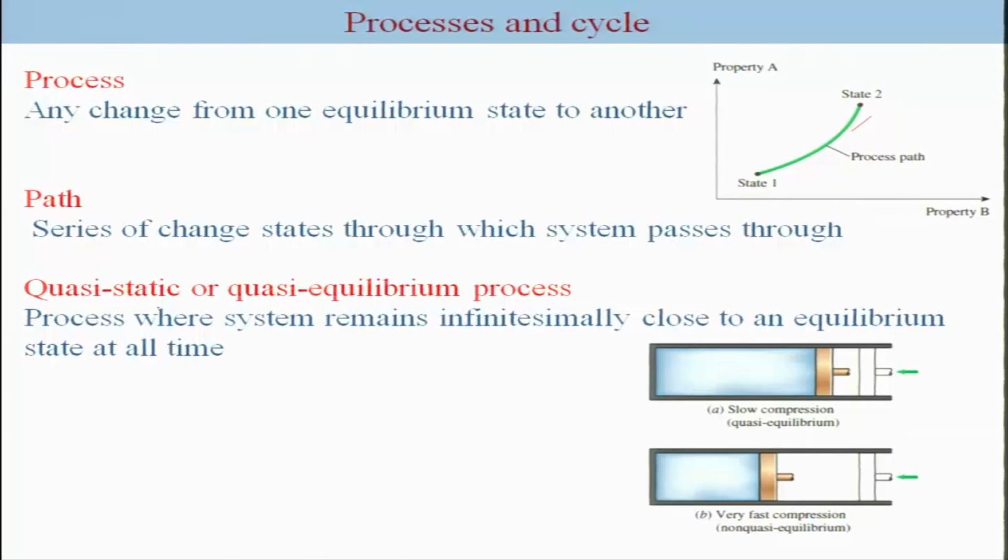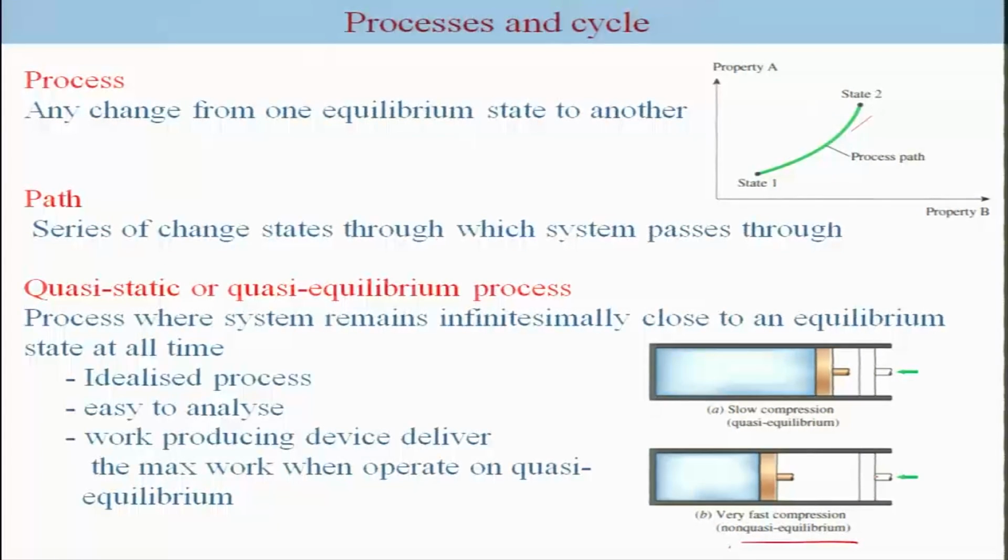As I said, quasi static and quasi equilibrium processes are processes which are very slow, such that the system remains infinitesimally close to an equilibrium state at all times. So, a very fast compression would be a non-quasi equilibrium process, and we cannot draw such a process on a process diagram.